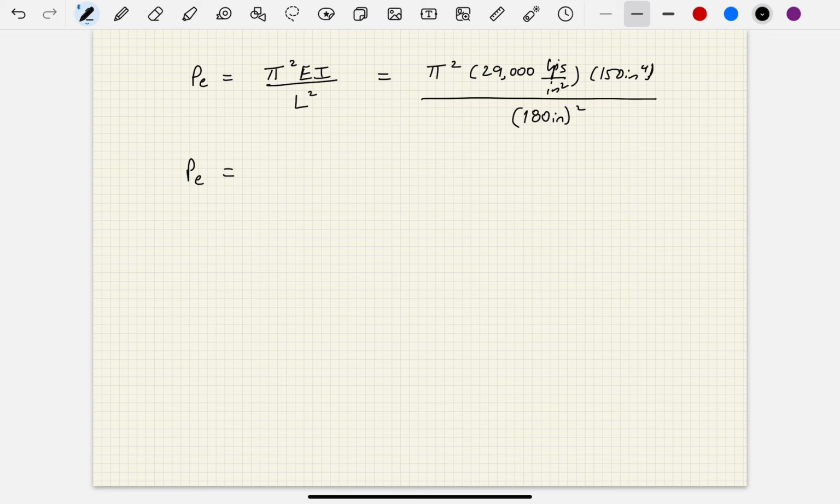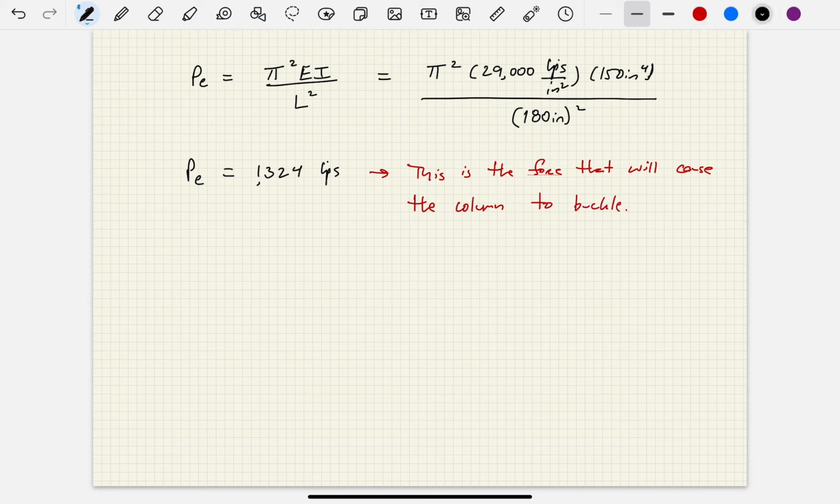I get a rather large number: 1,324 kips, okay? And so what that means is this is the force that will cause the column to buckle, okay?